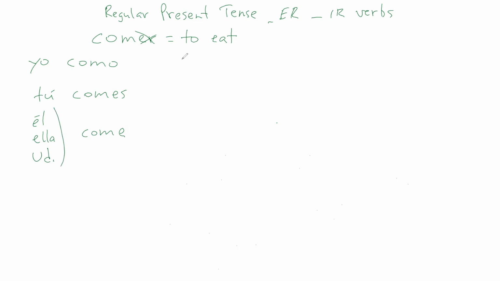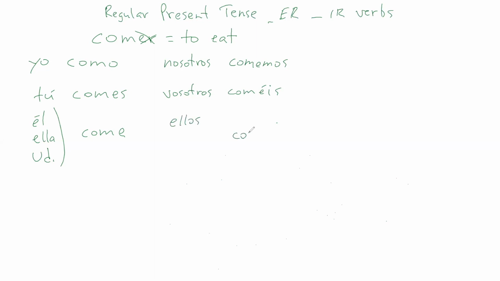We can go over to plural. We will have nosotros. Start with our stem or our root. Add EMOS. Repeat. Nosotros comemos. Vosotros coméis.